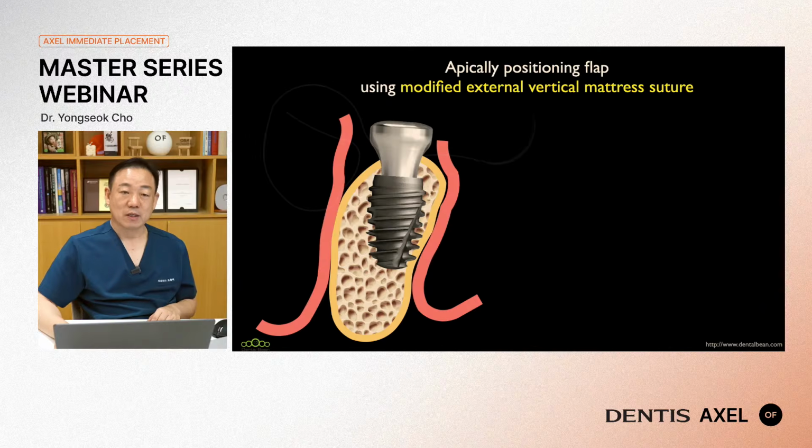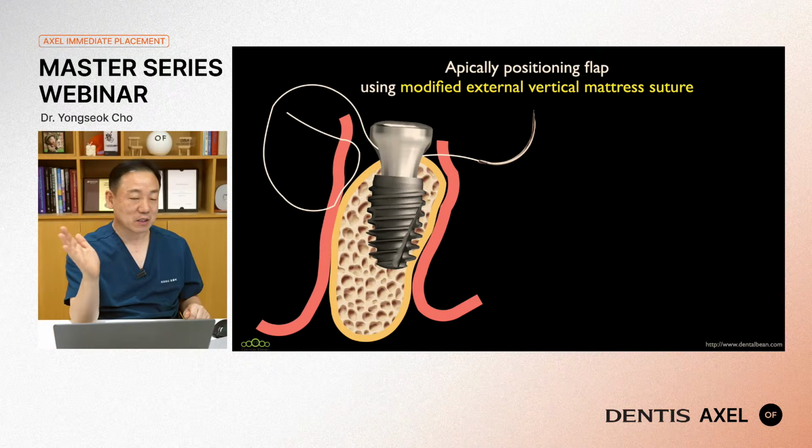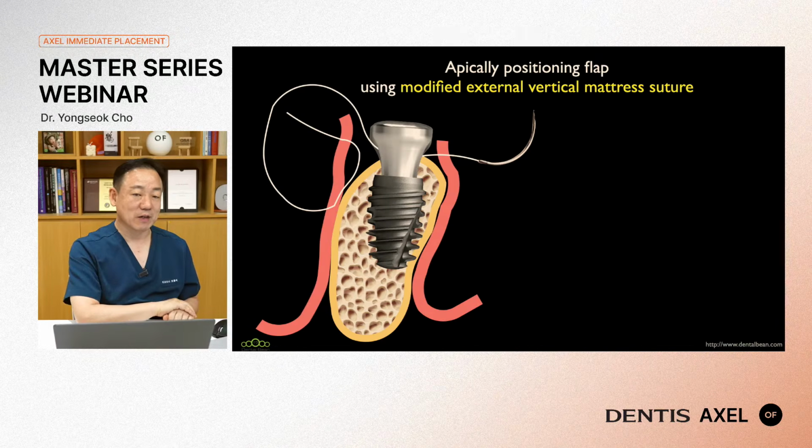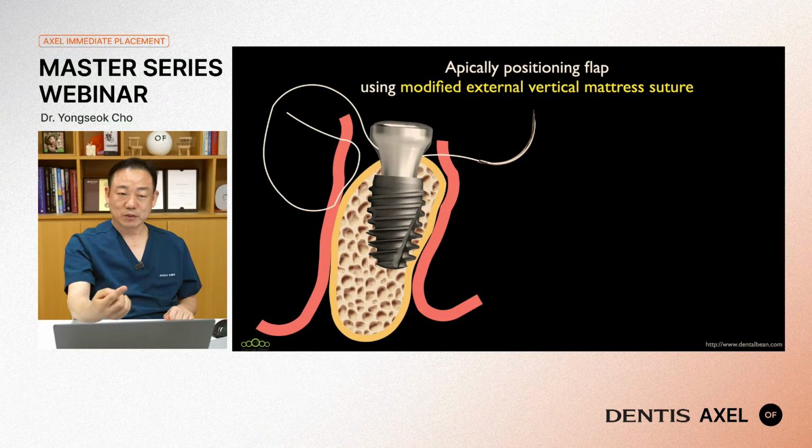Pass needle from the coronal side to the apical side. Okay, it's better to pass the apical needle at attached tissue. That's why you better limit the amount of buccal flap elevation, and then move the needle toward the lingual side and just simply pass.